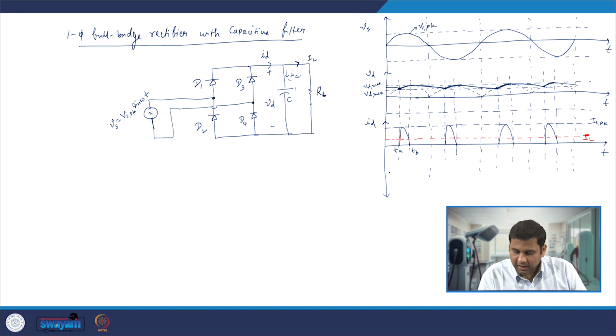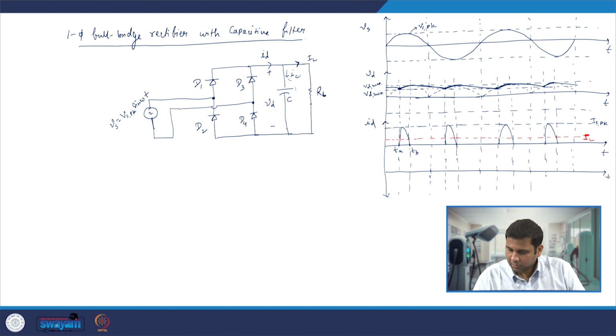Similarly, if we try to see the Is current which is drawn from the source, it is again the same. It goes here in the positive half cycle, and the value is nothing but Is peak.